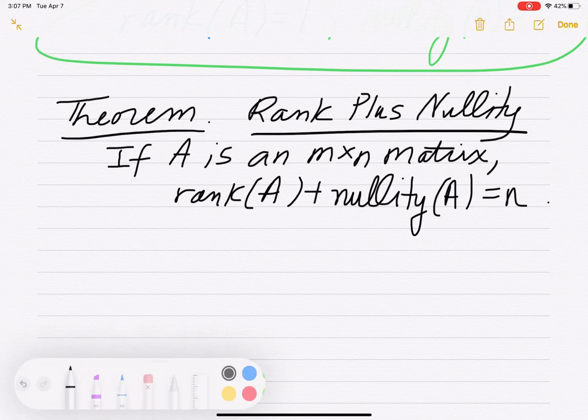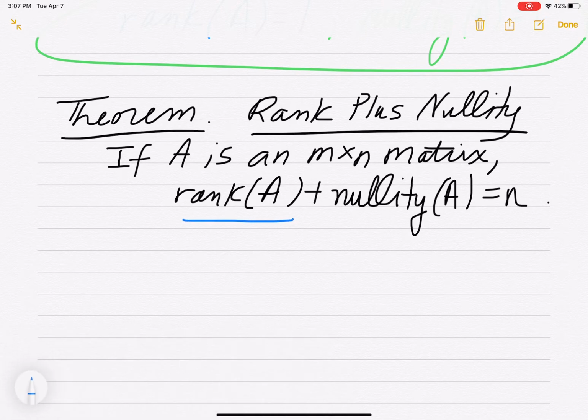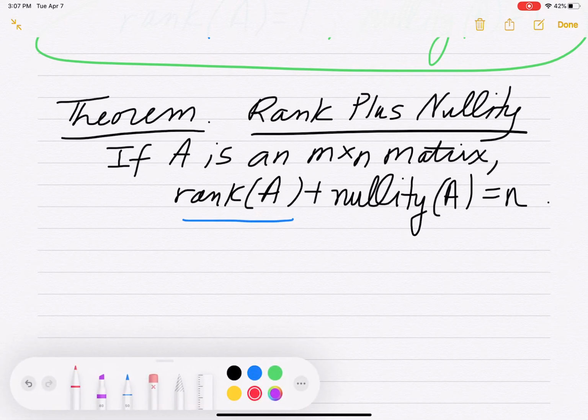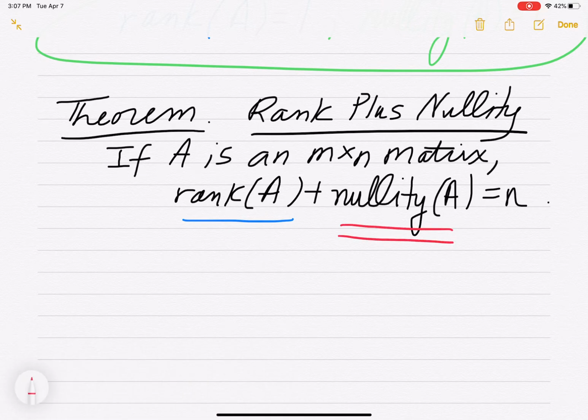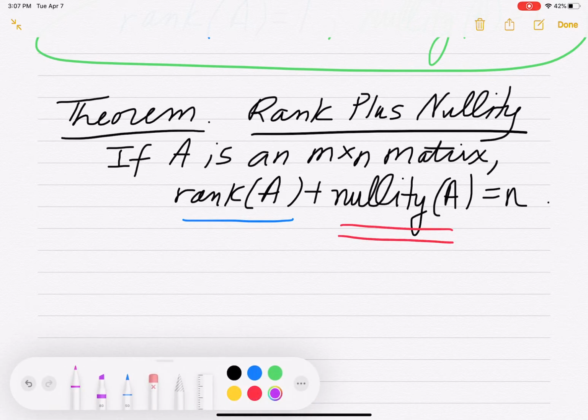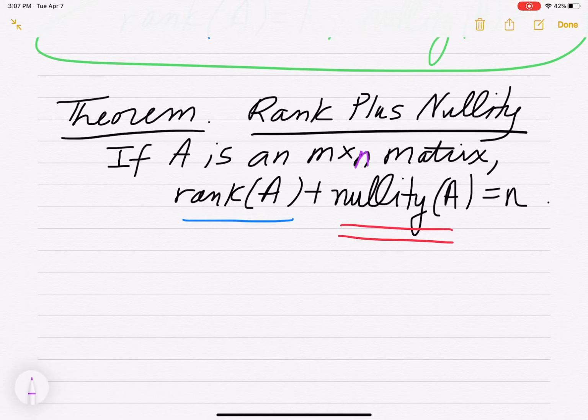Rank is the number of pivot columns. Nullity is the number of non-pivot columns. They have to add up to the total number of columns, n. So pivot columns plus non-pivot columns adds up to the total number of columns. Big deal.